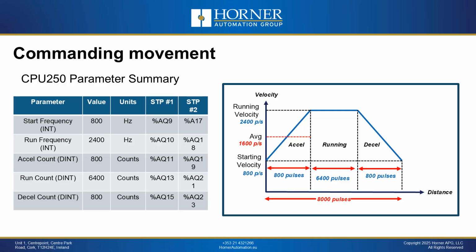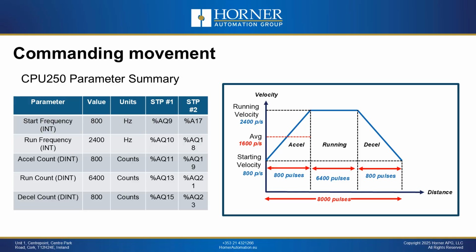So those pulse trains can be generated. We do that by putting those numbers in the appropriate I/O registers that are allocated for the stepper function. And you can see in the chart on the left, the next to the last column shows the I/O references for stepper number 1, and if we're using stepper number 2, the I/O references are shown in the last column.